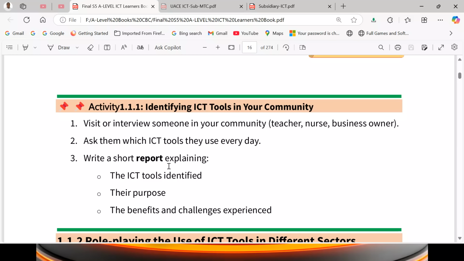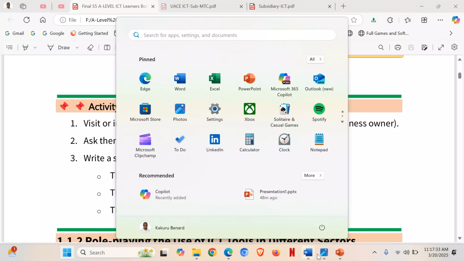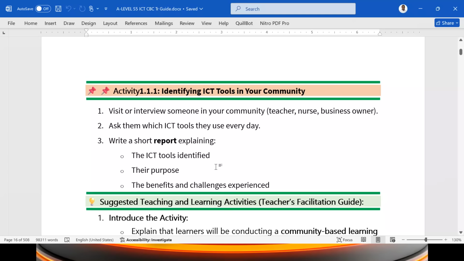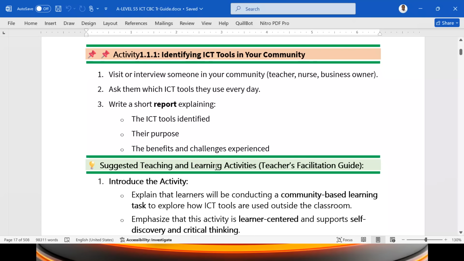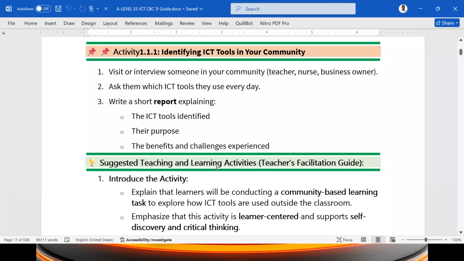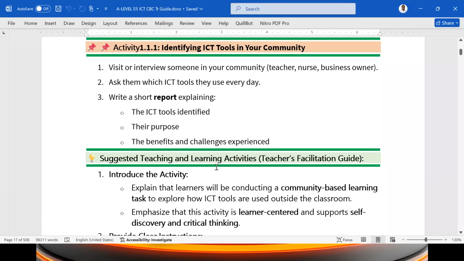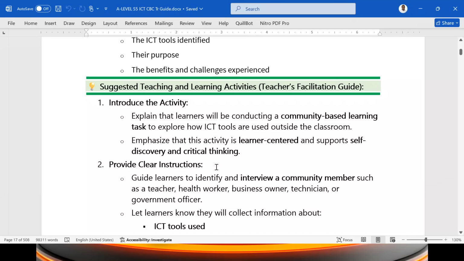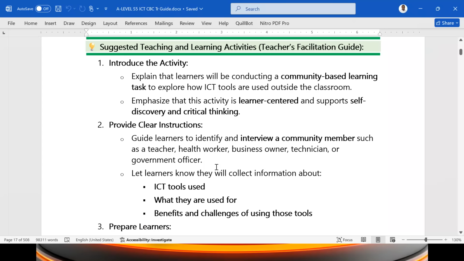So you as the teacher who is facilitating the learners, you will need this guide as well. Here, activity 1.1.1, identifying ICT tools in your community. Here are the suggested teaching and learning activities, teacher's guide facilitation.